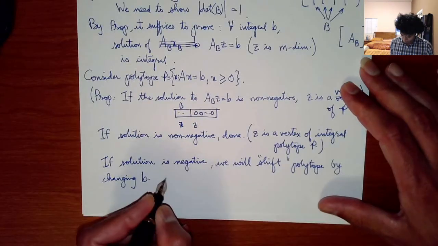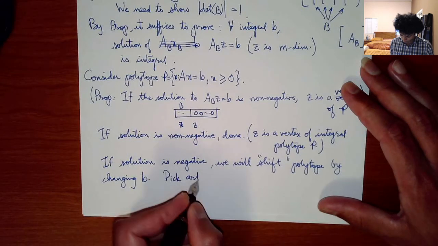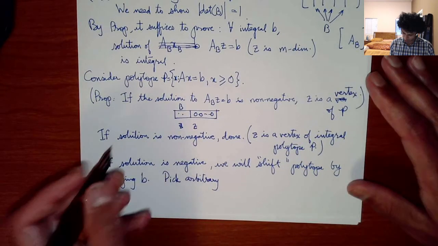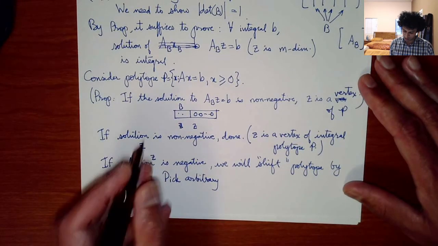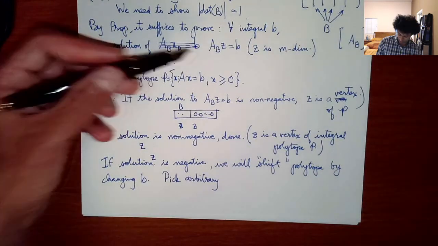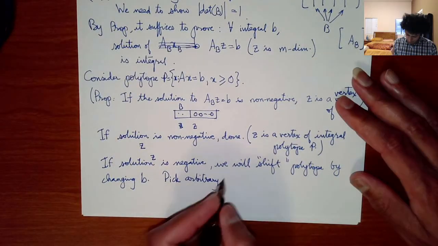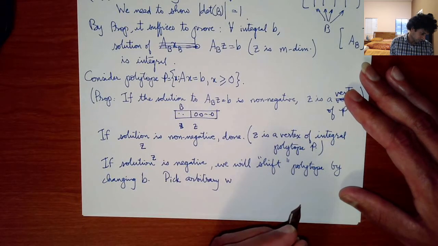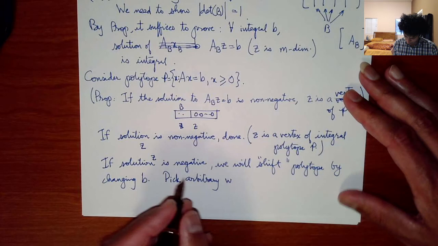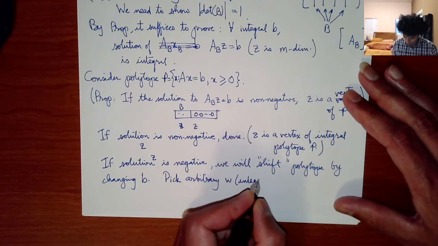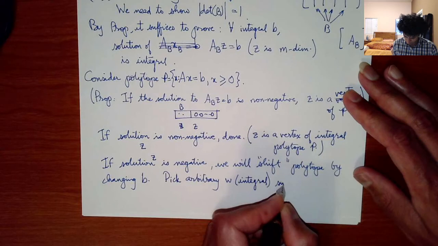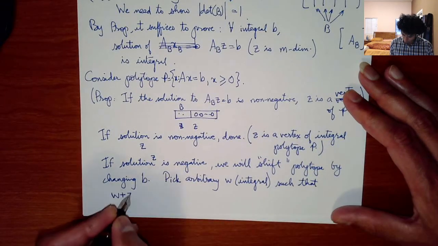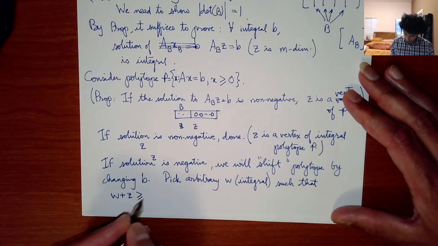So pick arbitrary... So I'm going to refer to the solution, just sort of abusing notation. I'll just say the solution is z. That's the solution to A_B z = b. So that's just z. So pick an arbitrary integral w such that w + z is greater than 0.